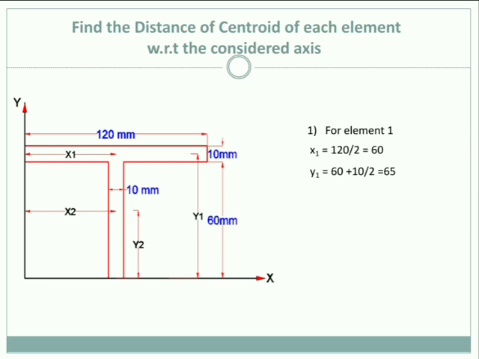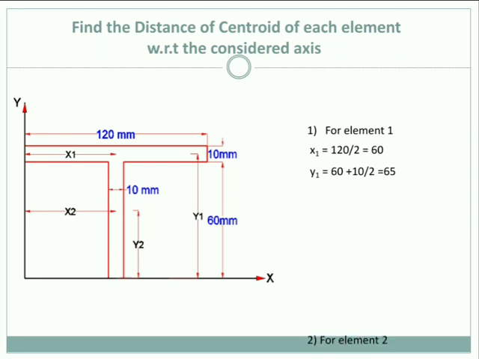D by 2. D is how much? 10. So 10 by 2 plus 60, because we are locating the distance with respect to the bottom axis. So from the bottom axis to the centroid of this figure, how much is the distance? D by 2, that is 10 by 2 plus 60. We have to reach the axis, remember that. So we get an answer as 65.